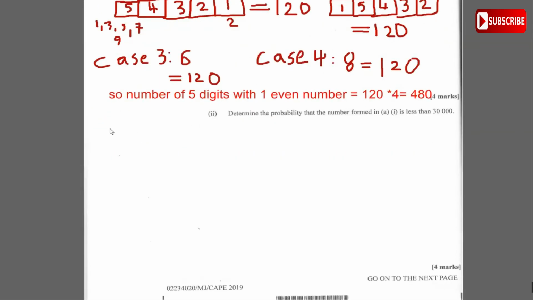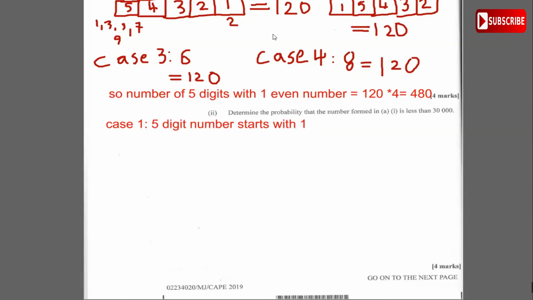And so let's look at case 1. Case 1 is where the 5-digit number starts with 1.